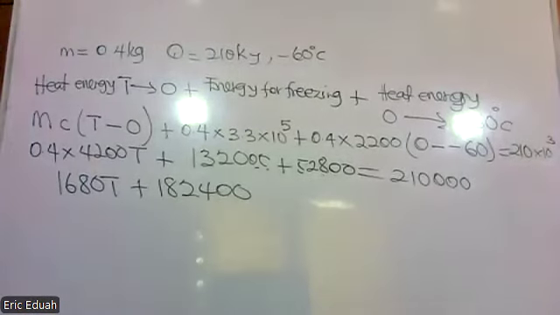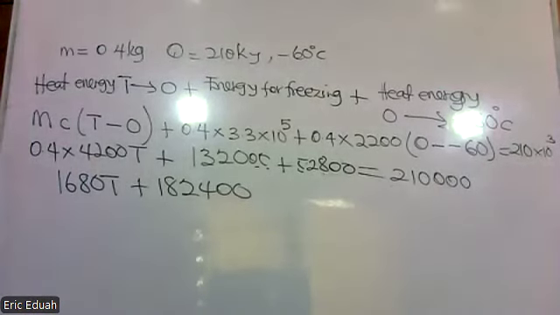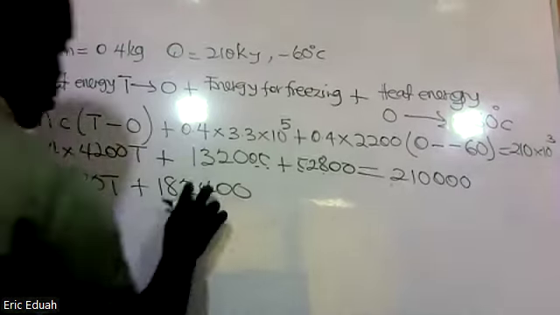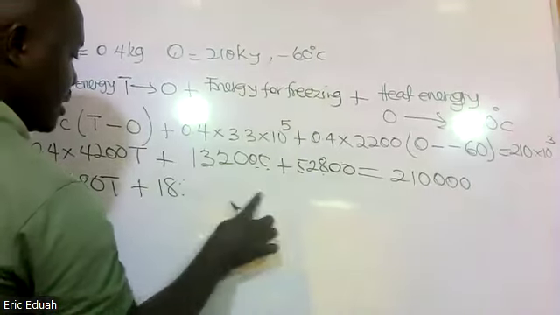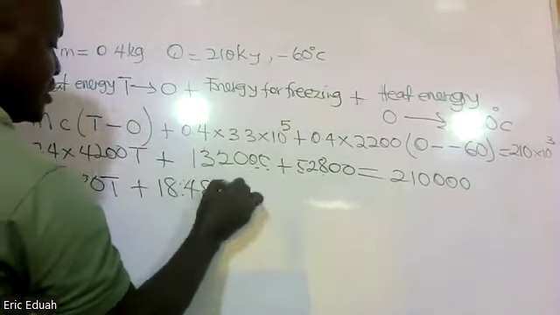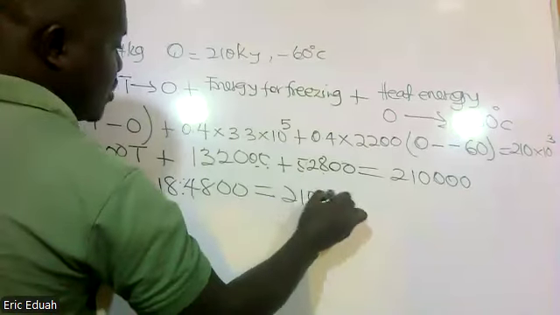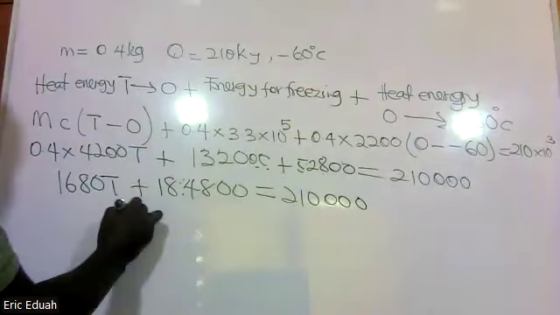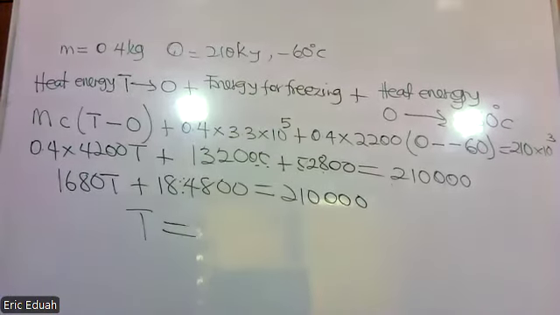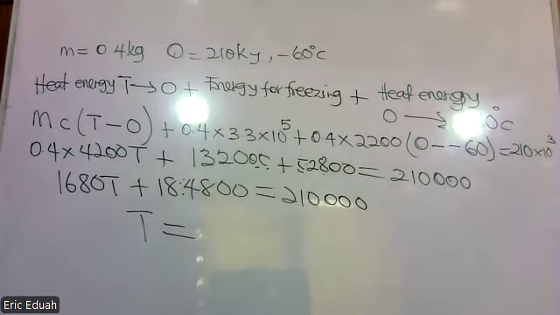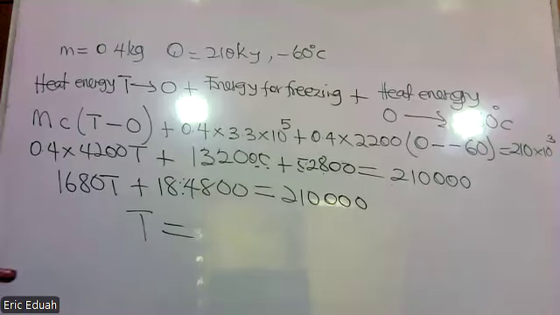52,800. Okay, then add this and this: 184,800. Then quickly help me determine the value of... please, where is the 2200 from?